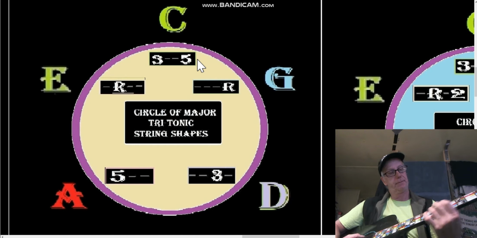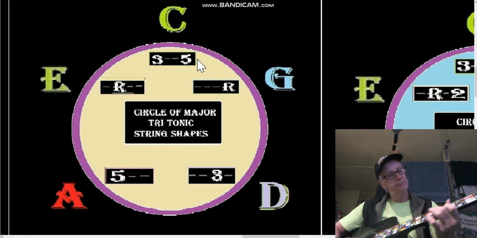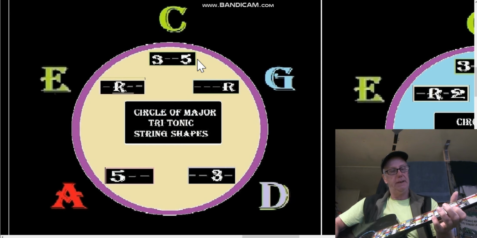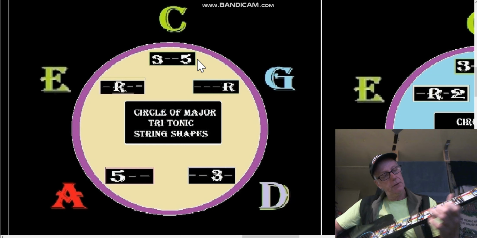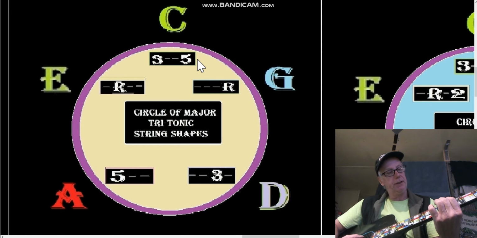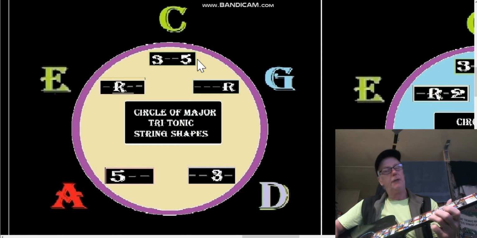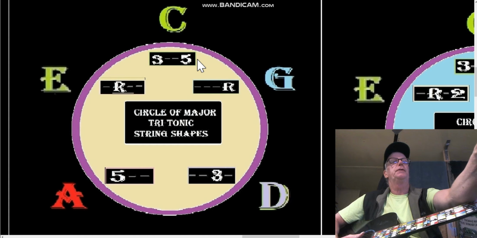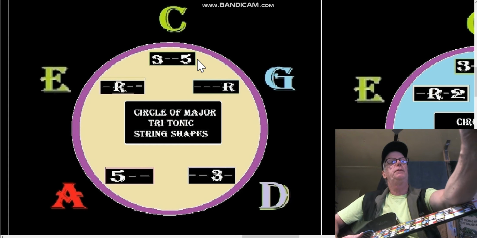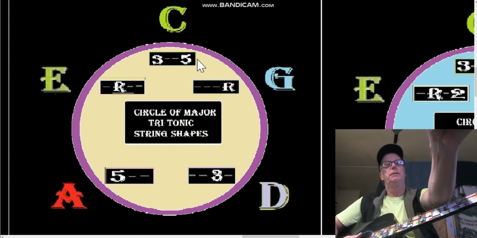Okay, so it's, and then another, so it's root, 3, 6. So we start here on first inversion and we end on root. And you know, first inversion is 2 inversions away from root.